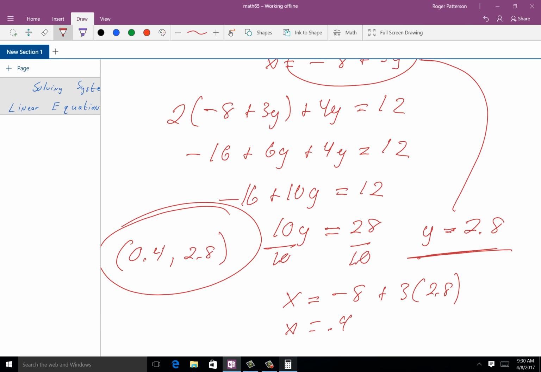And we can graph that to justify our answer, but again, I've already showed you how to do that. And we'll do some more a little later. So, questions on substitution in that method?